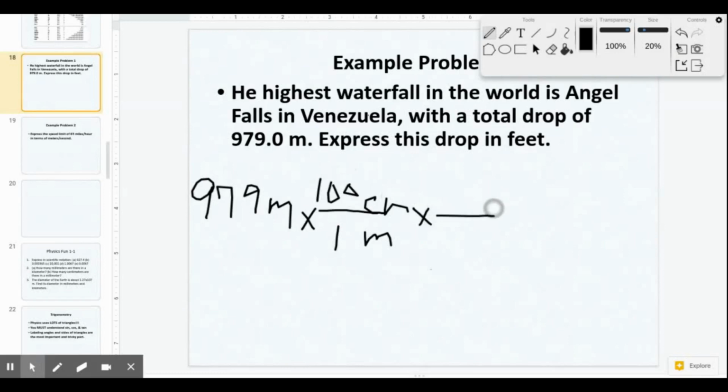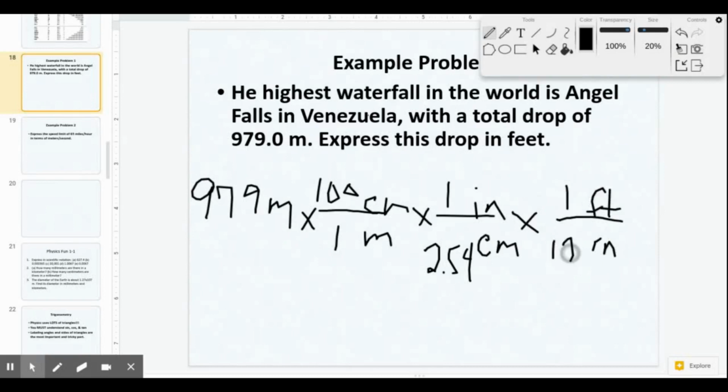And then we can go centimeters to inches. 1 inch is 2.54 centimeters. And if you don't know that conversion, you might want to write that on your chart. 1 inch equals 2.54 centimeters. Then we can go inches to feet. So 1 foot is 12 inches.